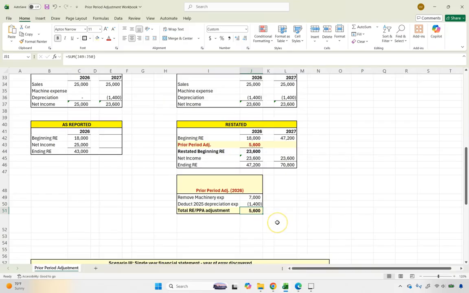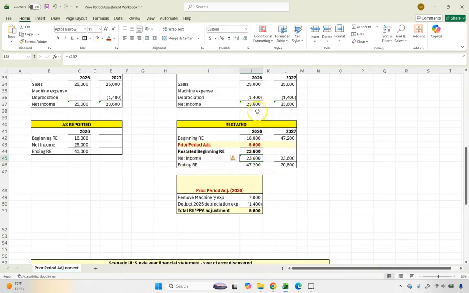So that's what we have to increase our retained earnings by. In this situation, we're going to have a prior period adjustment, increasing retained earnings by $5,600, and now my restated beginning balance of retained earnings is $23,600, plus my net income of $23,600.